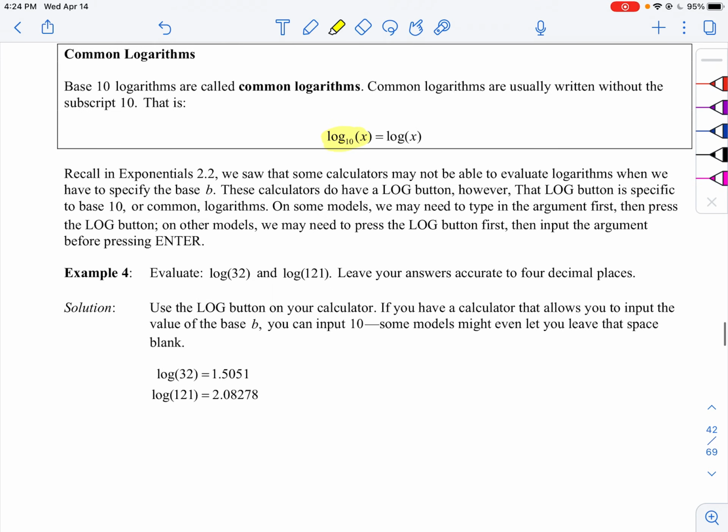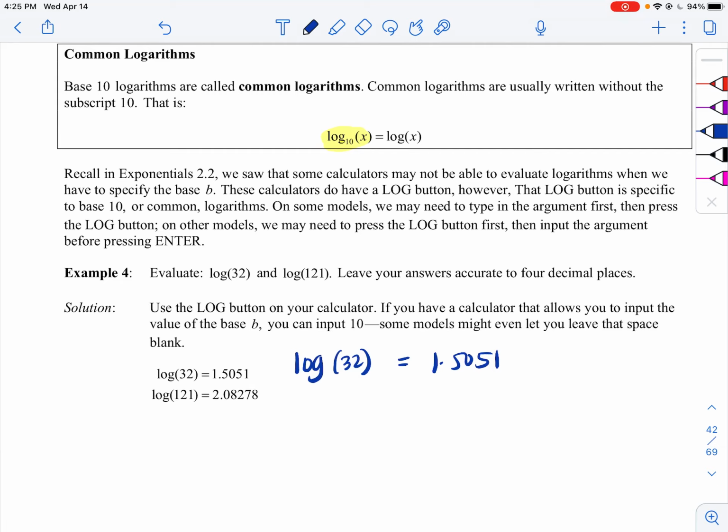So can you try to solve and see if you will get these answers? You're going to solve log of 32. Sometimes your calculator will be, you press 32 first, and then you click log. And if you get this answer, then you're good to go.